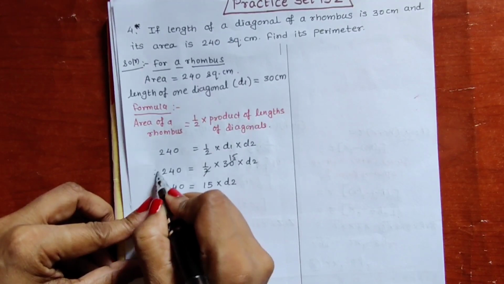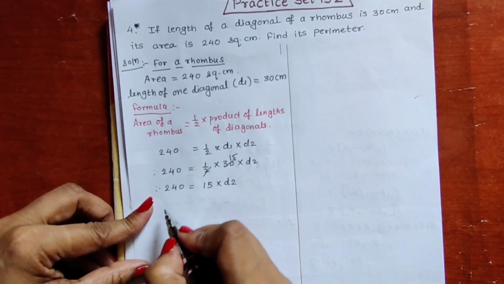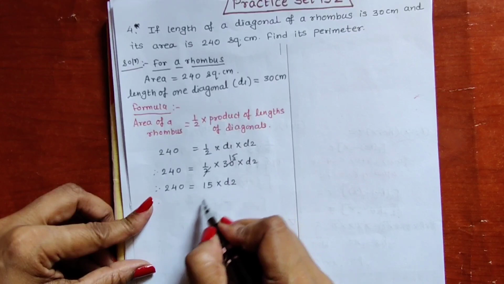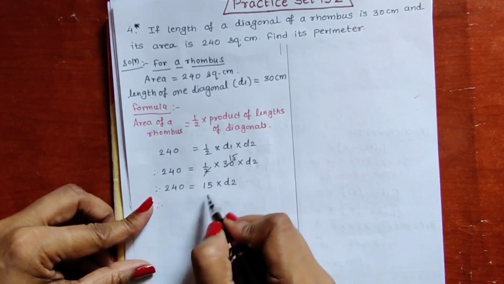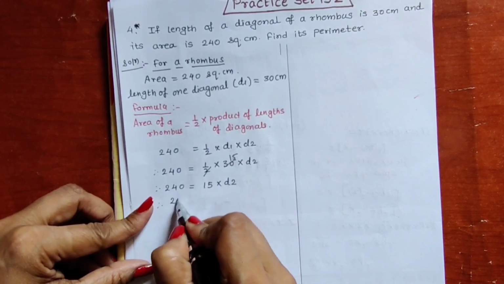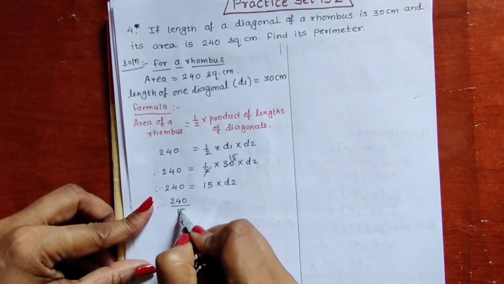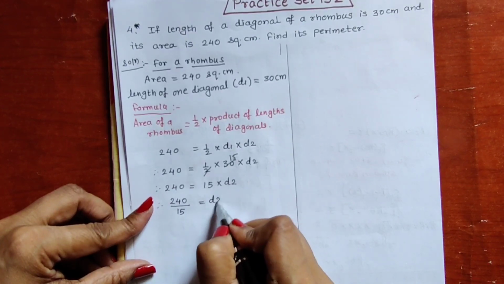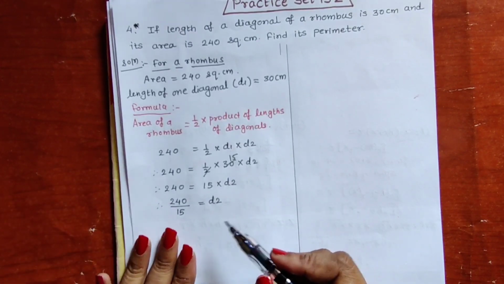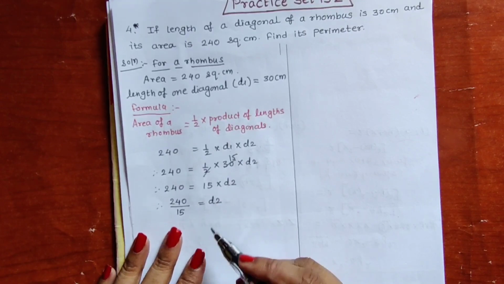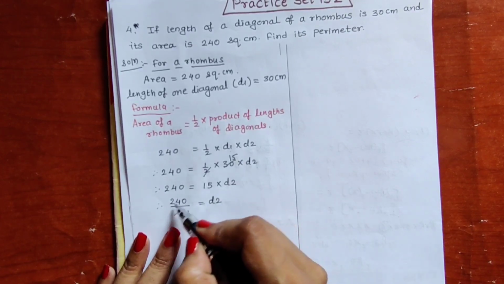So this 15 I am going to transfer from right to left. When we transfer, multiply becomes divide, so 240 divided by 15 is equal to D2. Now divide it by 15. 15 ones are 15.